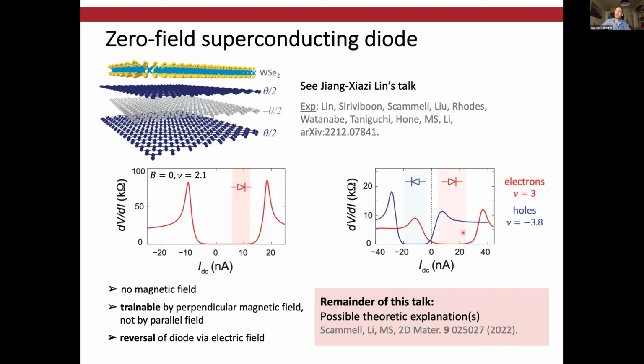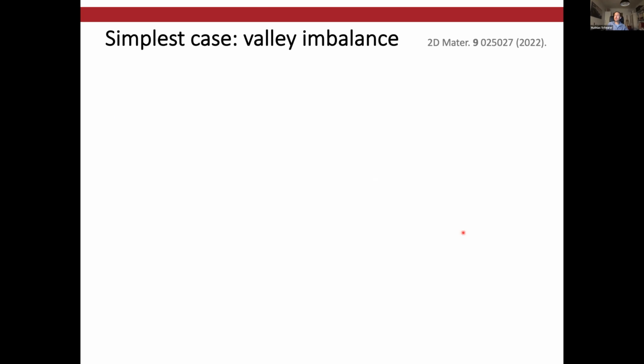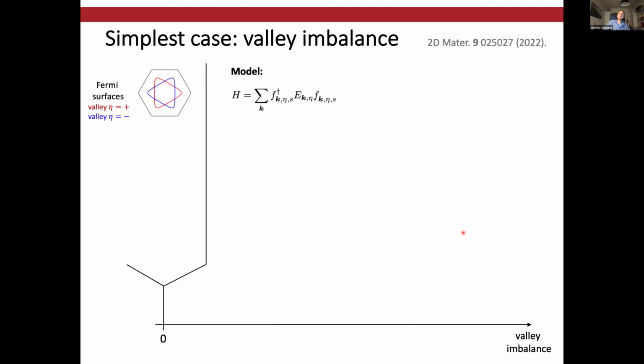To this end, let me start with the simplest picture possible. Let's forget about spin-orbit coupling for a second, and just imagine that by whatever mechanism, we have generated some Valley imbalance in the system, and let's study the behavior of superconductivity as a function of this Valley imbalance, which we assume is present. Let's write down some equations for the modeling.